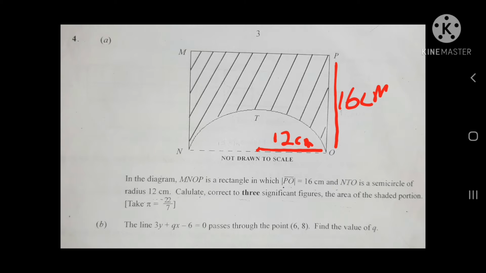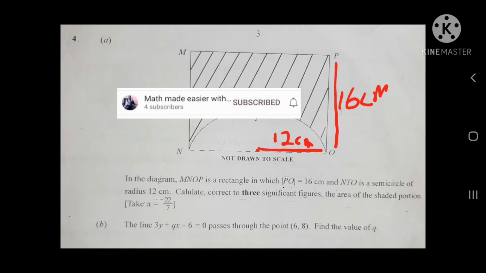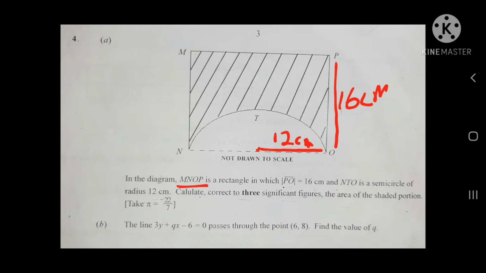So we've been asked to calculate the area of the shaded portion, which has been shaded as you can see in the diagram. Here, what we need is to first get the area of the rectangle MNOP as indicated here, and later we'll find the portion which is not shaded, which is this semicircle.